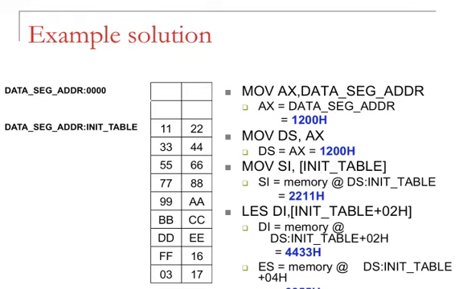And DS, we know, has the value DATA_SEGMENT_ADDR, or 1200, the same value. So we will go into this memory map, and we're going to locate this location, and we're going to load 2 bytes, this byte and this byte, into SI.